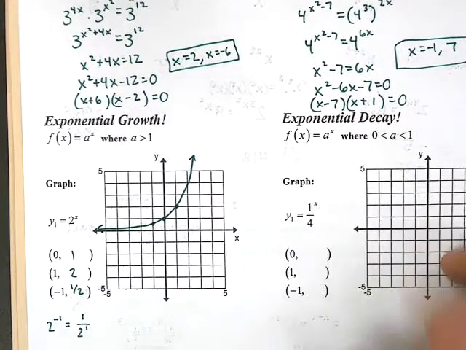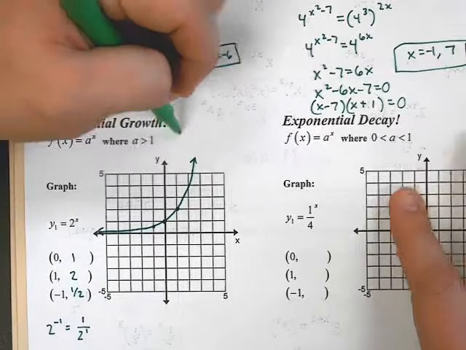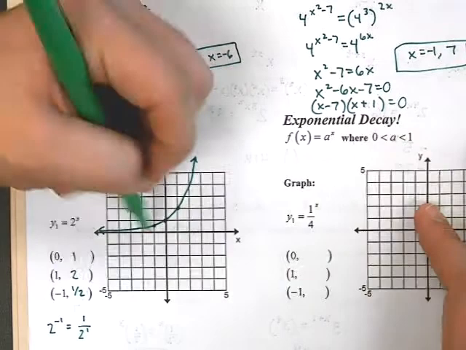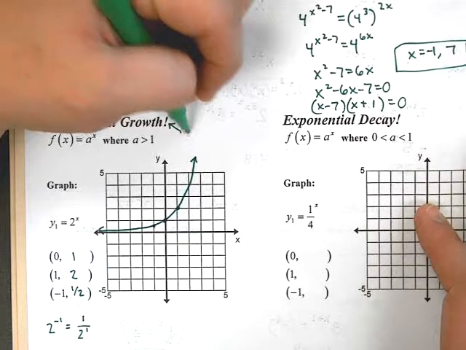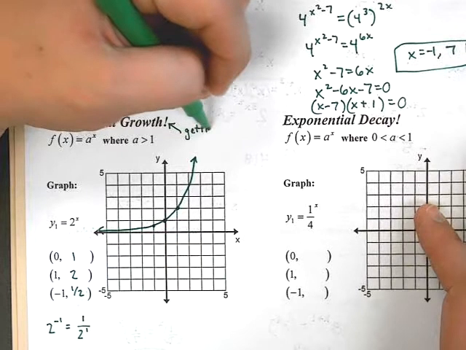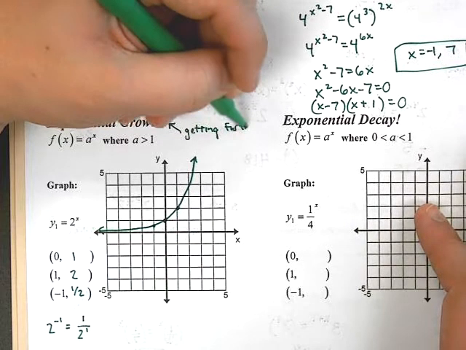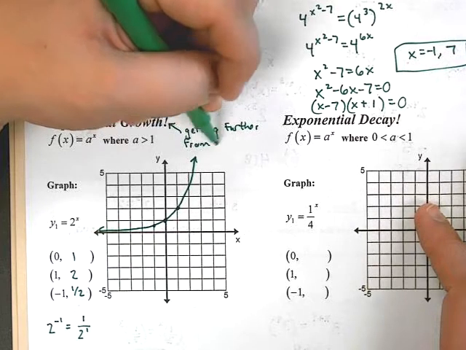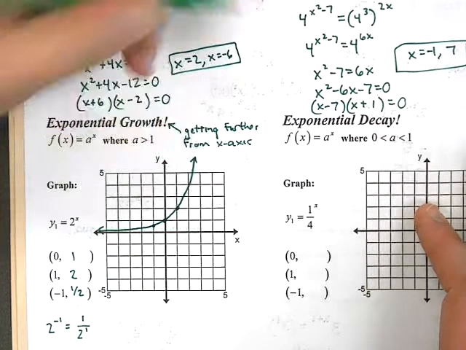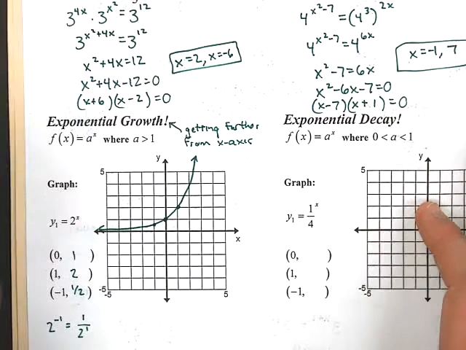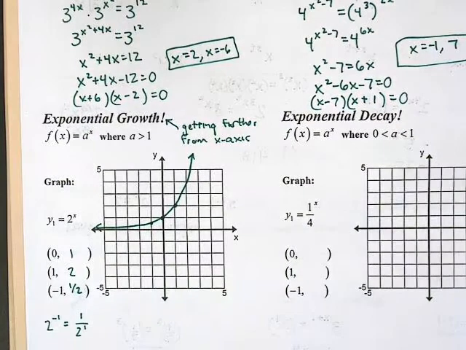Okay? So what I want you to notice here, growth, this is happening. Why? I can see it because it's getting farther and farther away from the x-axis. So that's what I call growth.